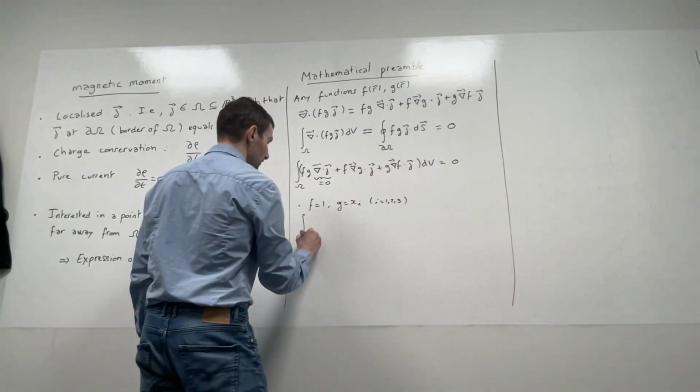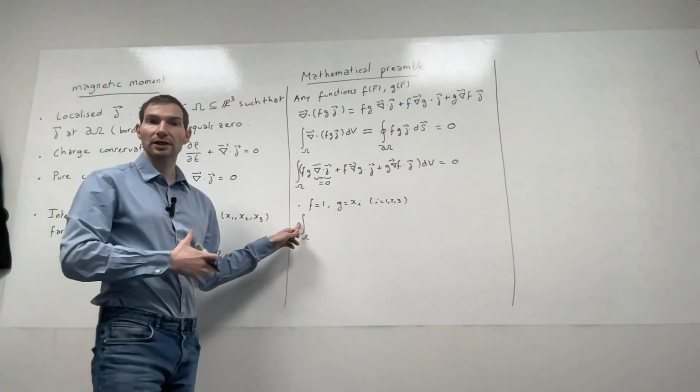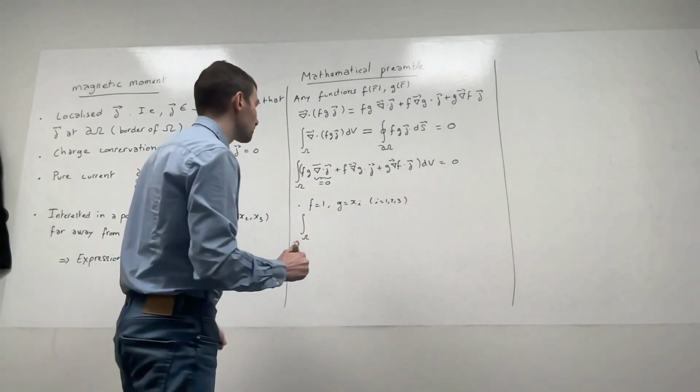It's going to return the integral over omega. Again, that's a volume integral, so I don't want to take too much space with triple integrals.